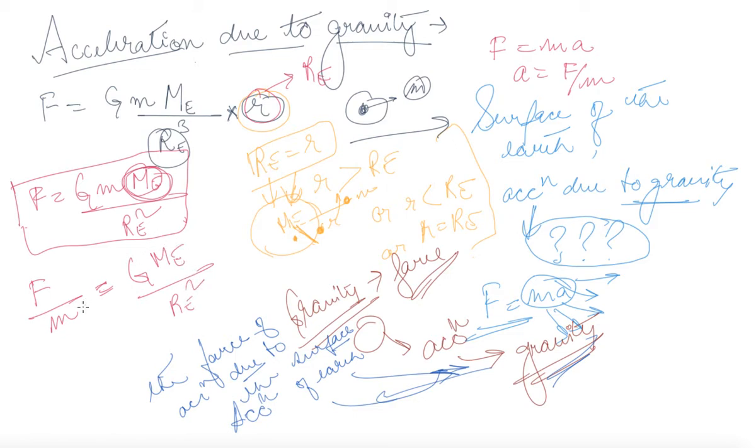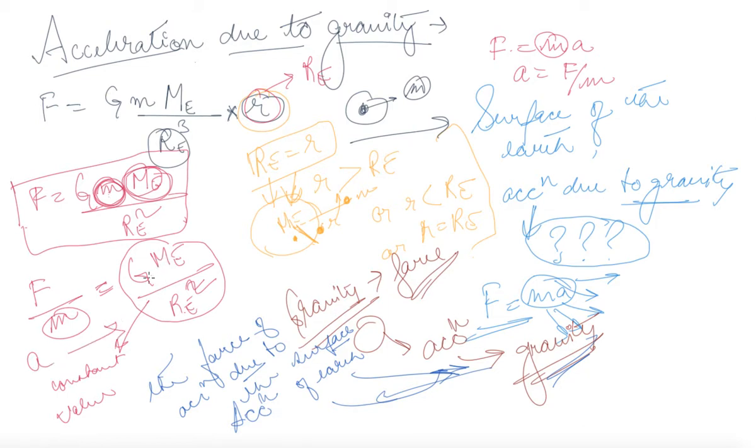If we divide the force by the mass m, we get the acceleration experienced by this mass m, that is F by m is equal to G M_e by R_e whole square. Now this is a constant value.